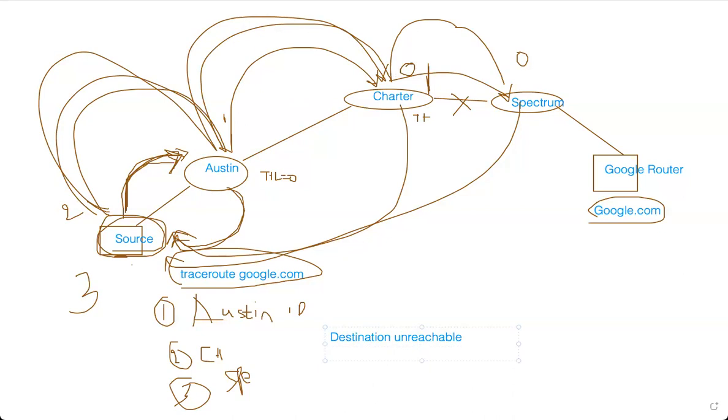That means we know there is a problem between Chatter and Spectrum. So that is how traceroute helps us identify the path in the network.